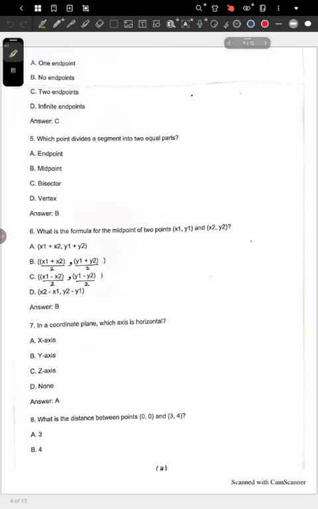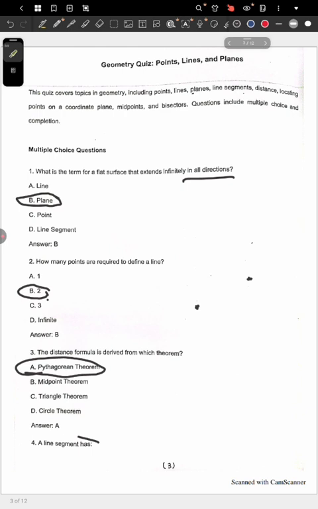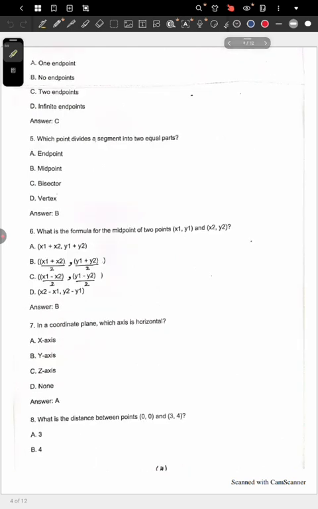Number 4: the line segment has 2 endpoints and is not infinite; it has a first and a last point. Number 5: which point divides a line segment into 2 equal parts? The midpoint.